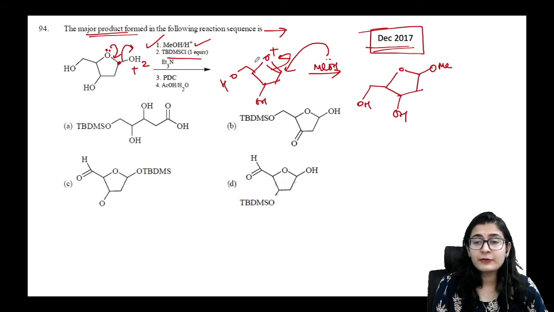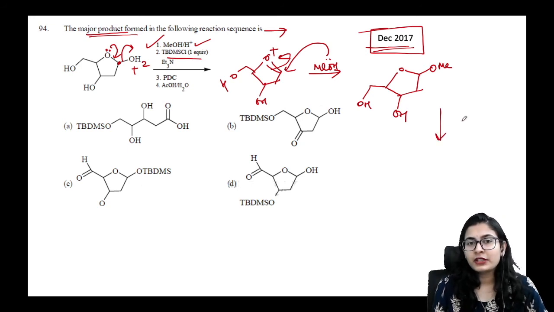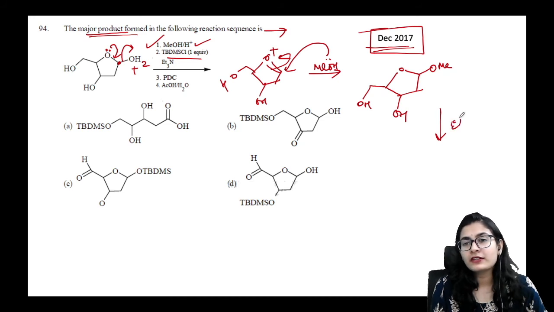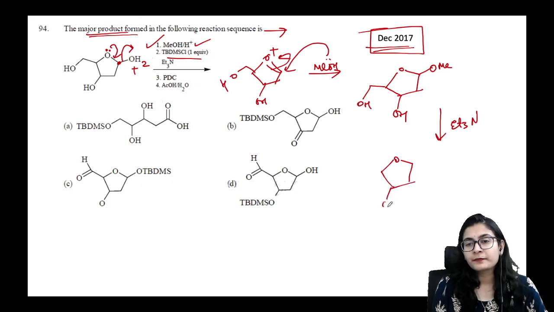In the second step, you have a bulky reagent. So in the presence of triethylamine, that bulky reagent is only going to give you protection of the primary alcohol with TBDMSCl. This you know already.